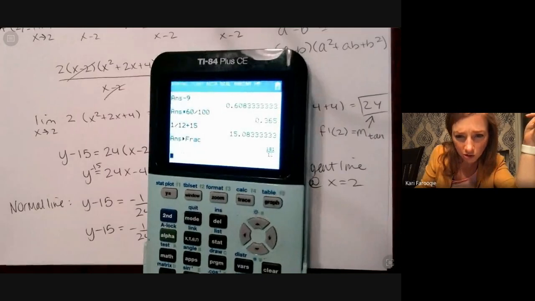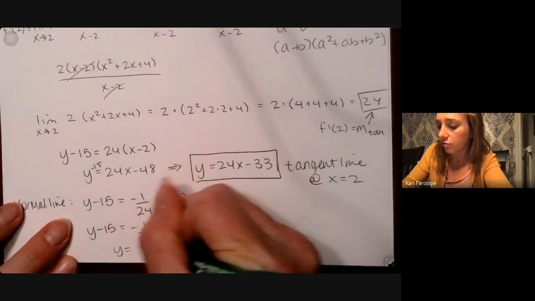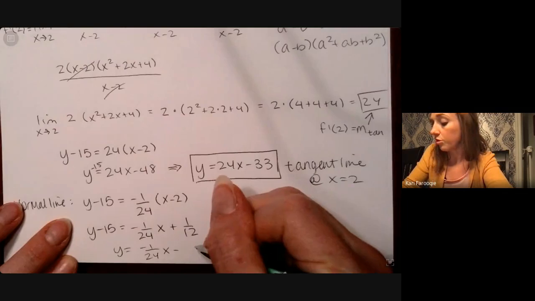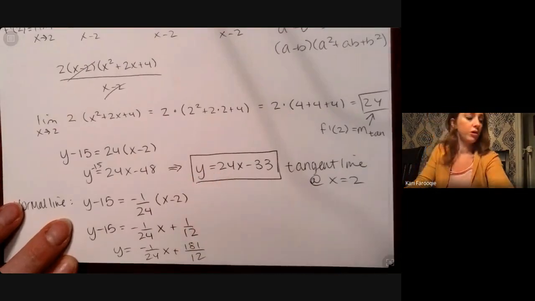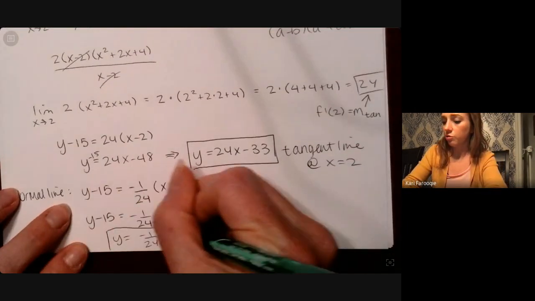And you get 181/12. So we'll have y equals negative 1/24 x plus 181/12. So this would be the equation for your normal line.